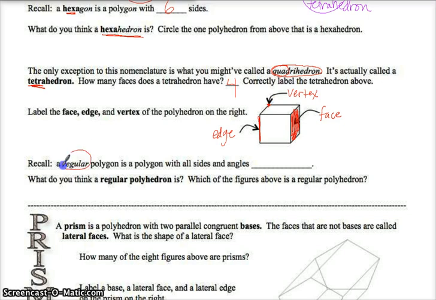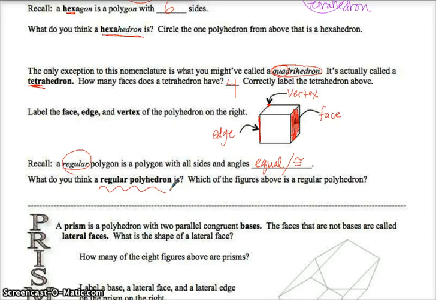Recall, a regular polygon is a polygon with all sides and angles that are equal, or you could say all sides and angles congruent. Right, so we've still been doing a lot with regular polygons in your last unit, finding the area. We usually did that with regular polygons when we were doing a pentagon or hexagon, etc. So what do you think a regular polyhedron is?